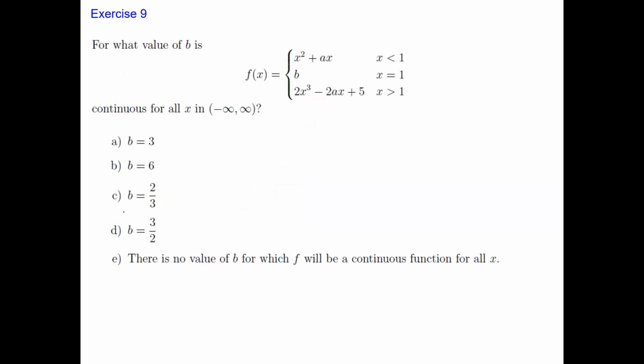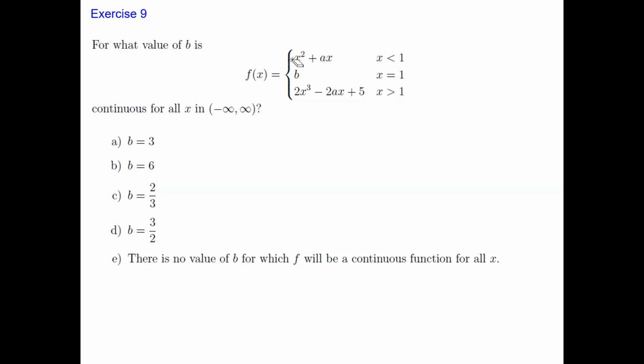Okay, let's look at this exercise. For what values of b is this piecewise defined function continuous everywhere? Quadratic function, continuous. Constant, continuous. Third degree polynomial, continuous. The function is continuous everywhere, but we have to investigate that turning point, 1.